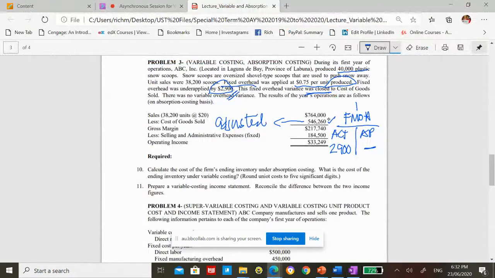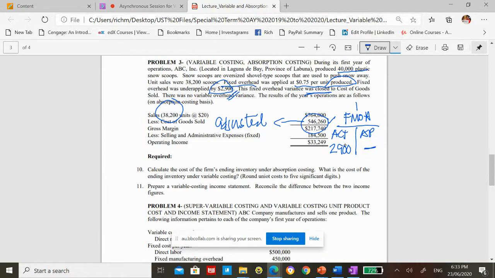So itong 546,260 na to, para yan dito sa 38,200 units. Yun nga lang, take note, this is adjusted by this 2,900 na fixed manufacturing overhead applied. So yung T account magiging ganito, kung zero yung applied natin, of course, di zero. I will assume lang kasi di binigay doon sa problem. So kung zero yan, eh sabi na kasi under applied eh.